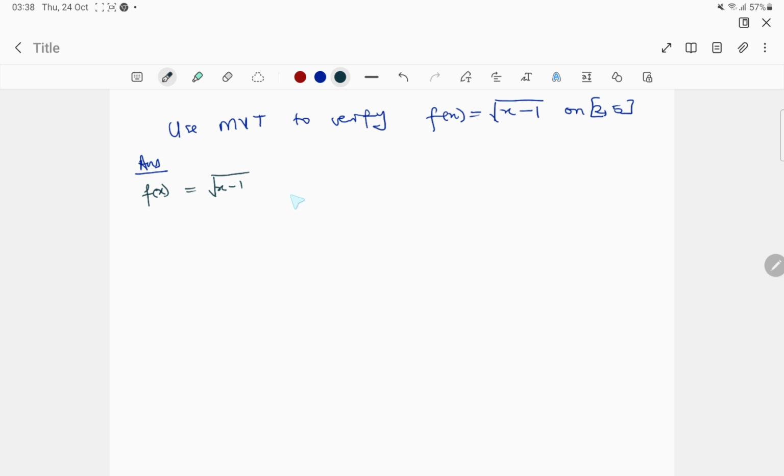to test whether, let me just state the mean value theorem.